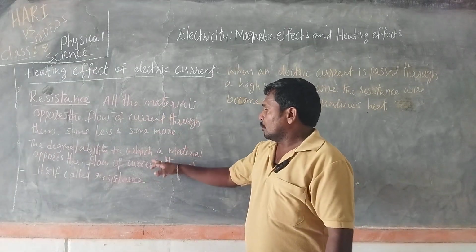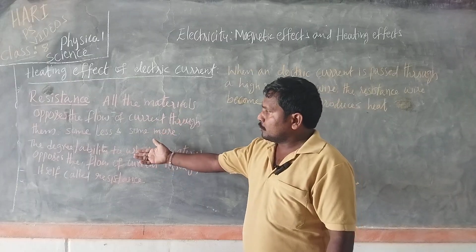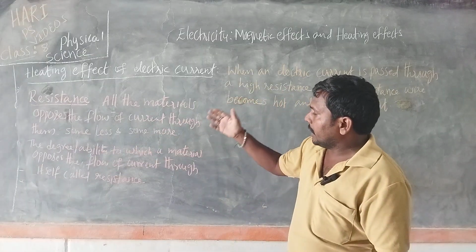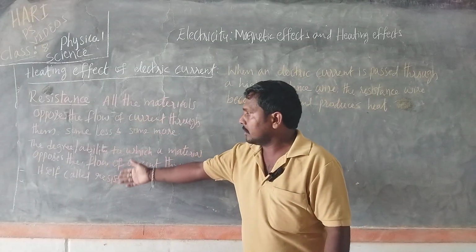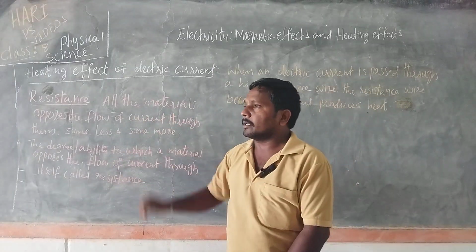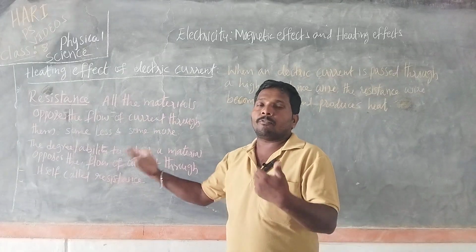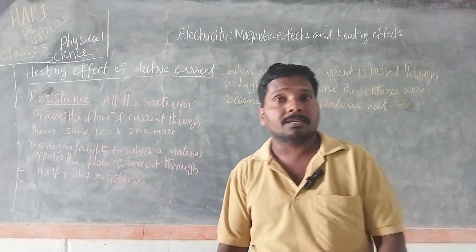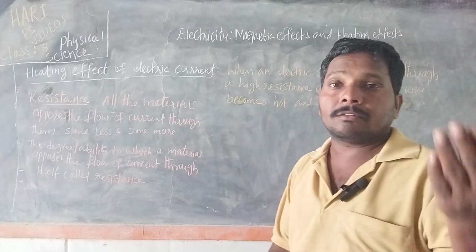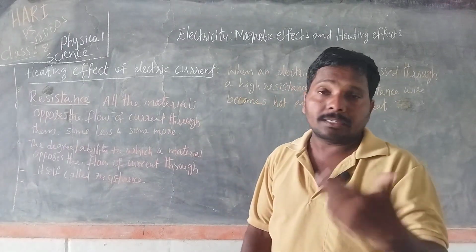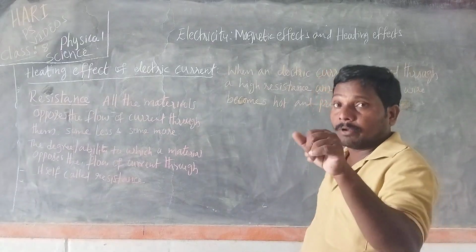A copper wire has its own resistance even though it is a good conductor of electricity. A silver wire also has a resistance to oppose the flow of electric current. These also have resistance, but they have less.